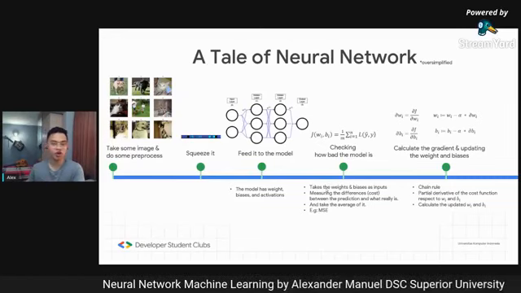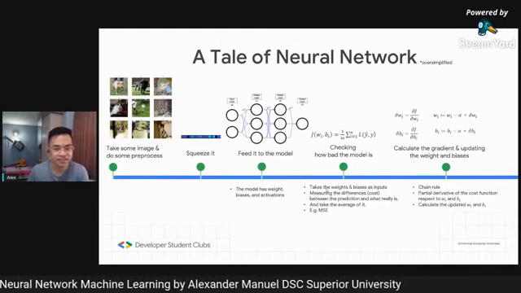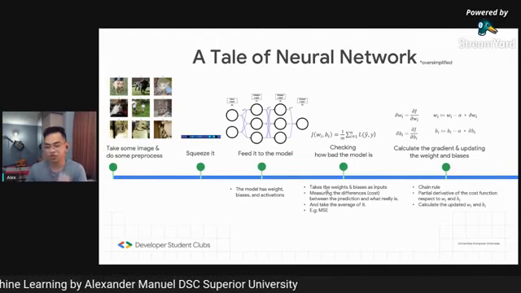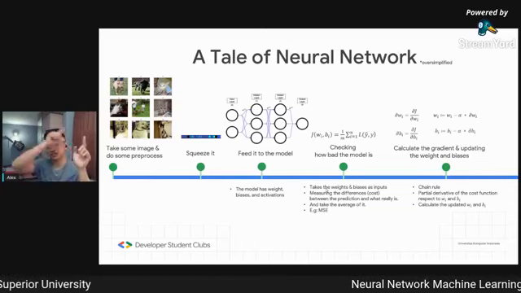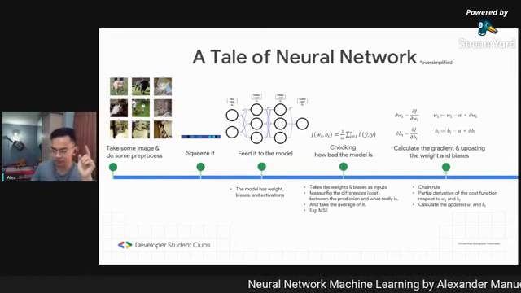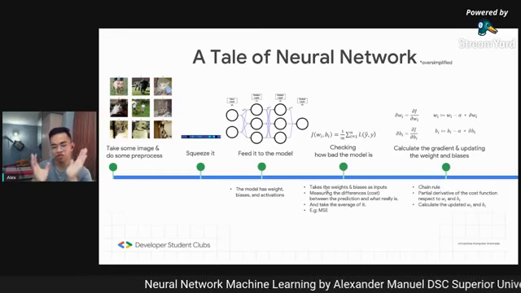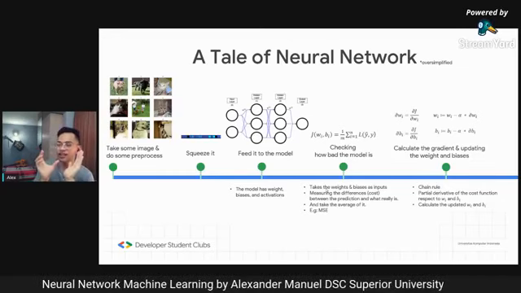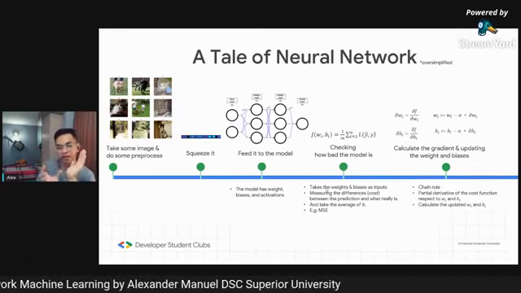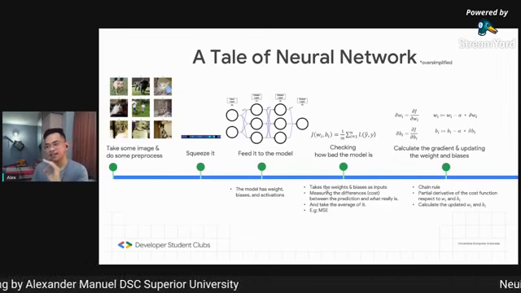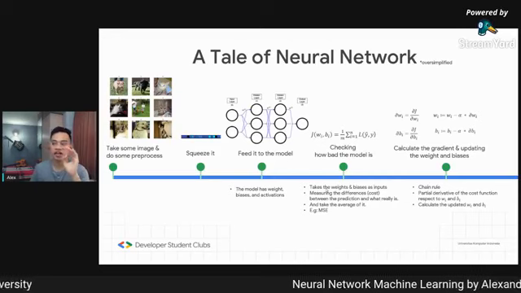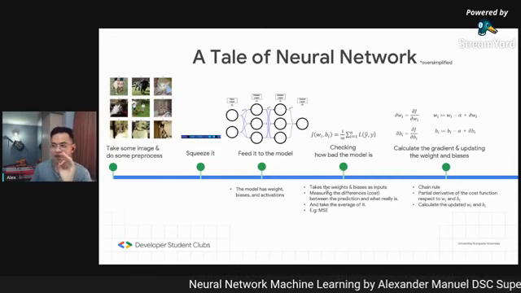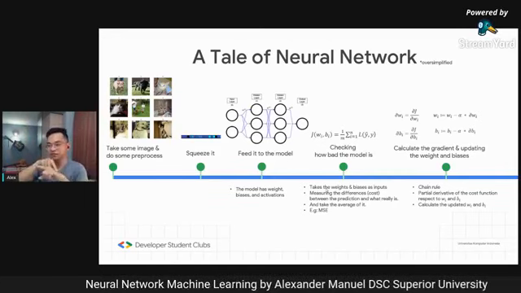If you have taken a calculus class, when you have a curve and you need to know which point, which coordinate, is the minimum value, you take the derivative of that function.